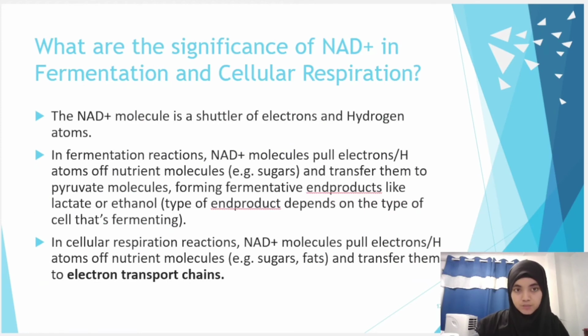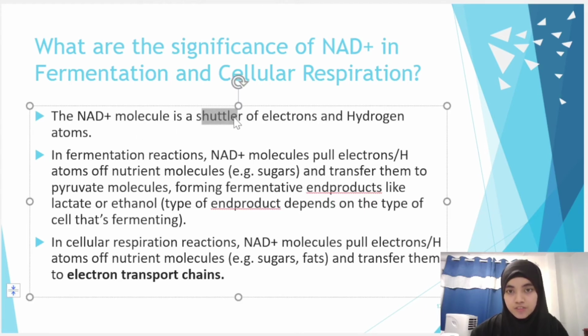Next I will explain the significance of NAD+ in fermentation and cellular respiration. The NAD+ molecule is a shuttler of electrons and hydrogen atoms. In fermentation reactions, NAD+ molecules pull electrons from nutrient molecules, for example sugars, and transfer them to pyruvate molecules, forming fermentative end products like lactate or ethanol.